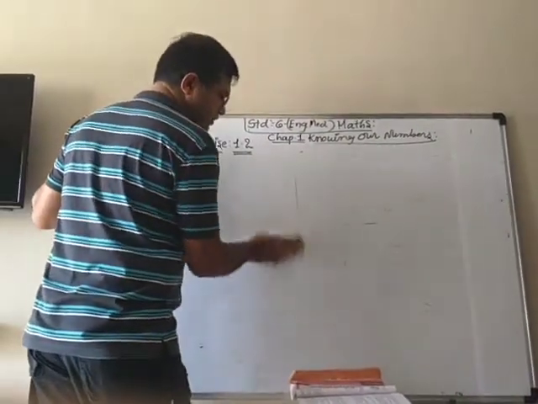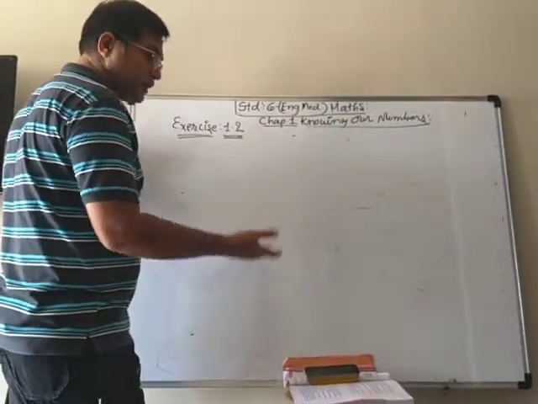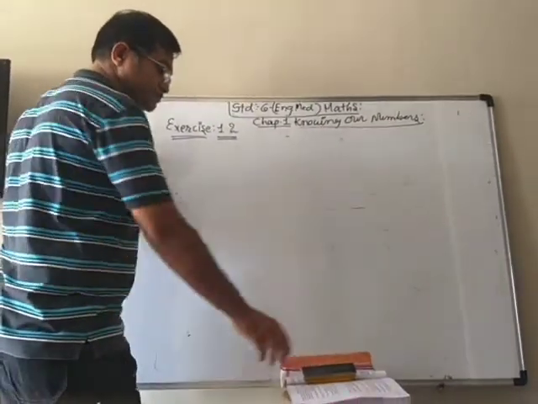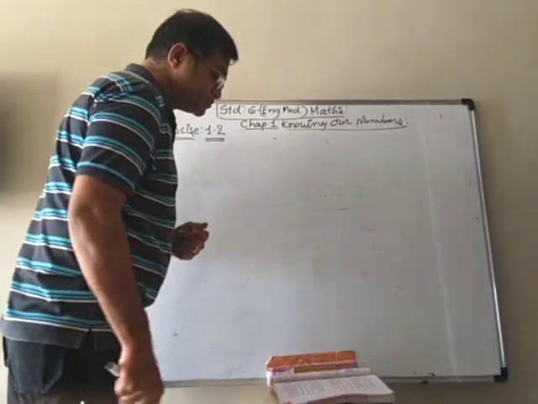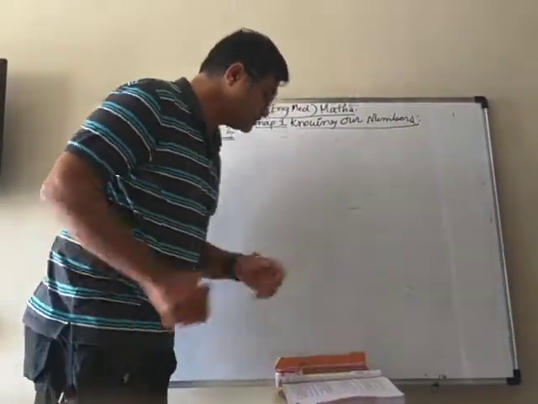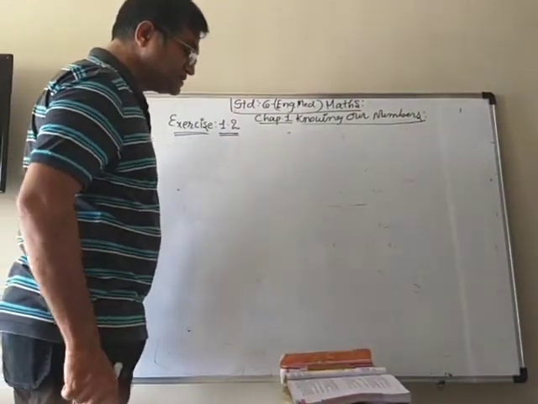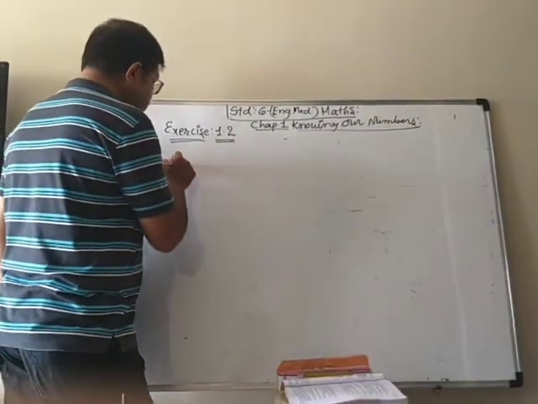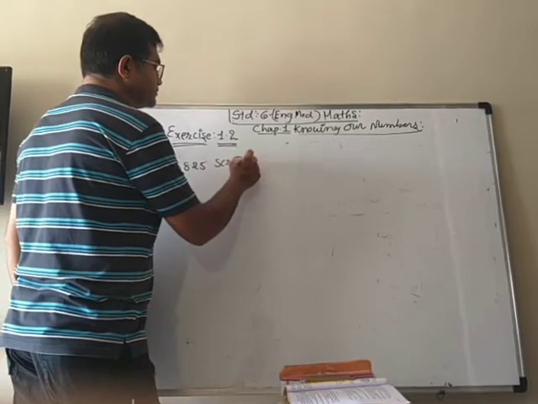We will take another question. Now the others you can do yourself by reading and thinking about it. And now we will see the other. Like we will take the sixth one. It shows that a machine on average manufactures 2,825 screws.